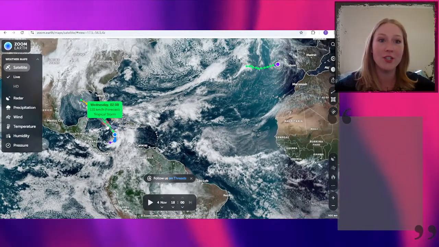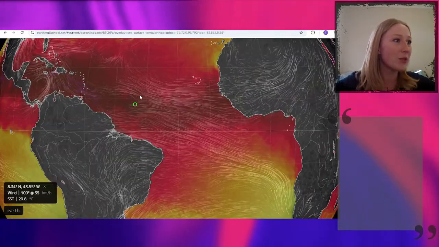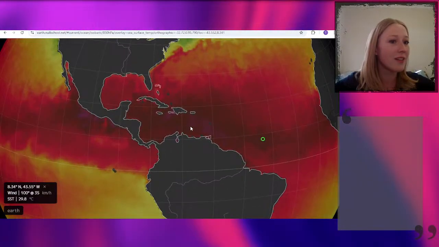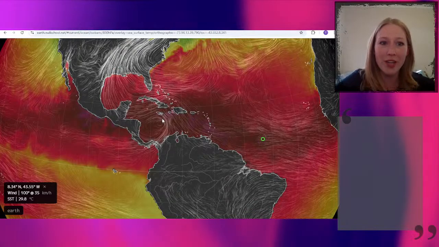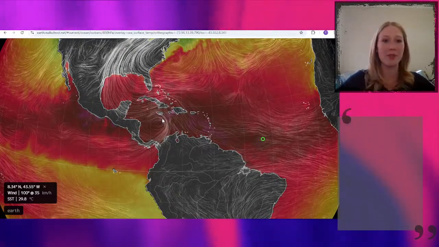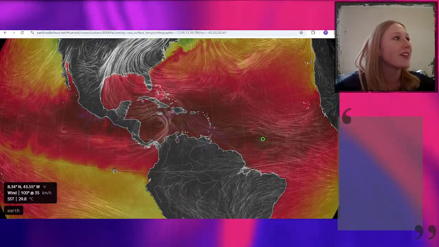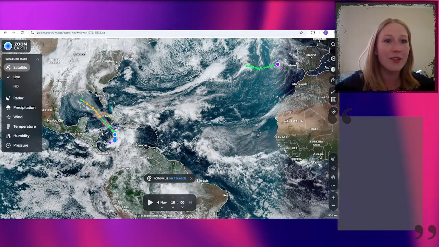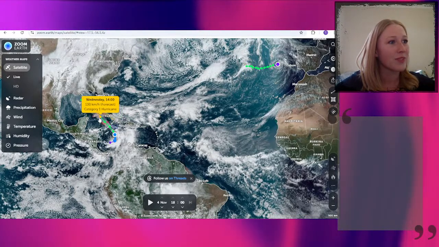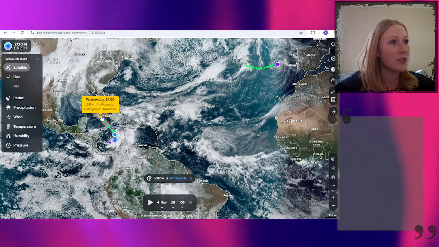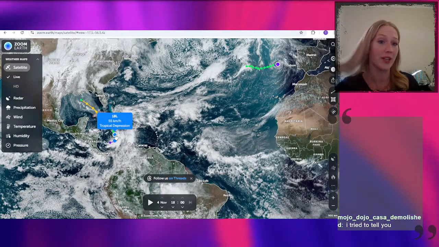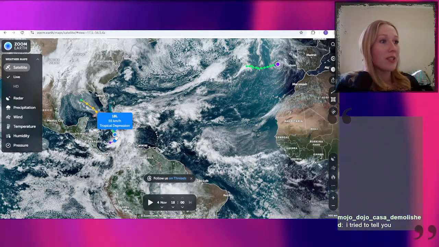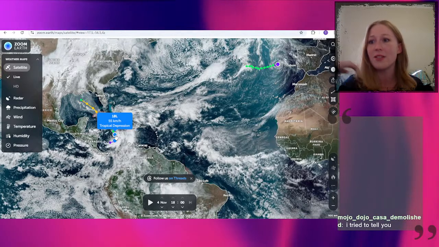Oh, look, this kind of matches what we were seeing. So I think we saw something here. Yes, there we saw that low pressure system, and we thought that it might be some type of cyclone. And there it is. So it is a category one. Is this now, or oh no. It's a depression now. Okay.